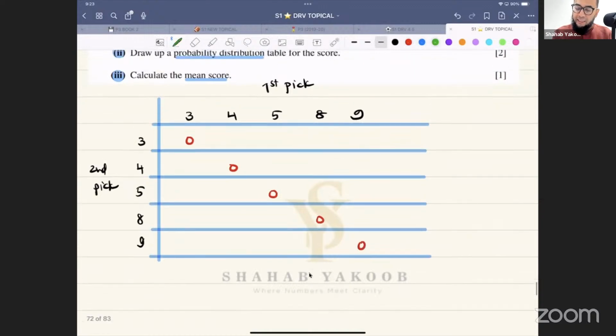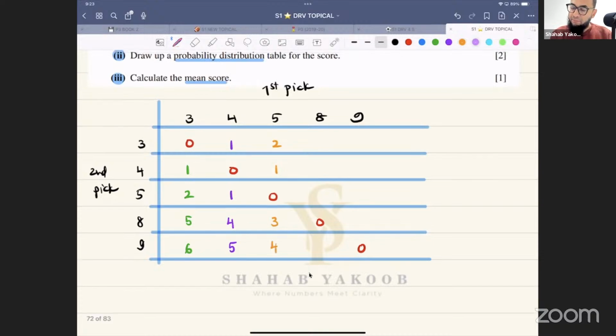Now let me write it down vertically. 3 and 4 is 1, 3, 5 is 2, 3, 8 is 5, 3, 9 is 6. Just double check my working. 4 and 3 is 1, 4 and 5 is 1, 4 and 8 is 4, 4 and 9 is 5. Let me write over here, 5 and 3 is 2, 5 and 4 is 1, 5 and 8 is 3, 5 and 9 is 4.